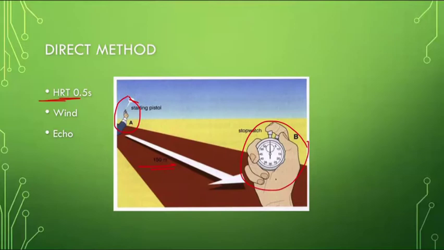They saw the smoke, but obviously they couldn't immediately start the stopwatch, right? So it took them a delay of 0.5 seconds to start the stopwatch and another delay of 0.5 seconds to stop it. So over here, for example, the difference was just 1 second. First the smoke was seen, and then after 1 second, the sound was heard.